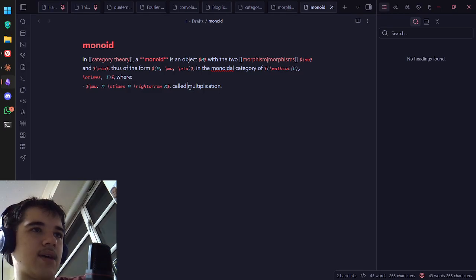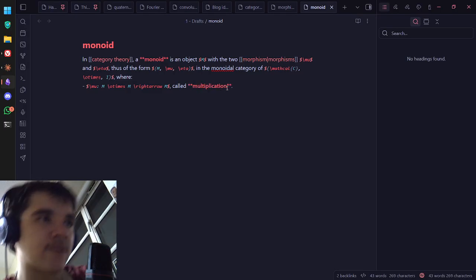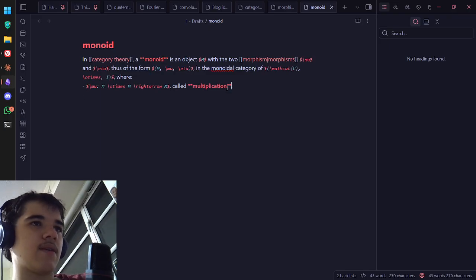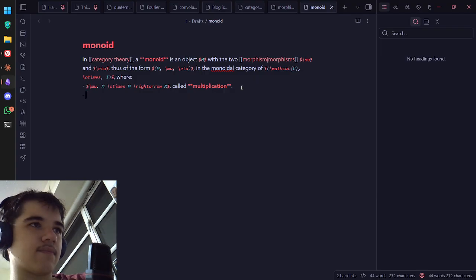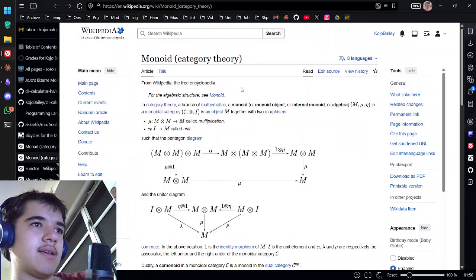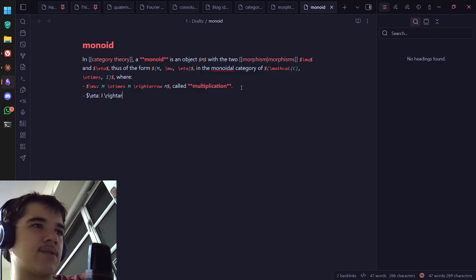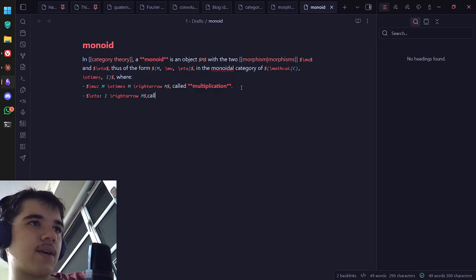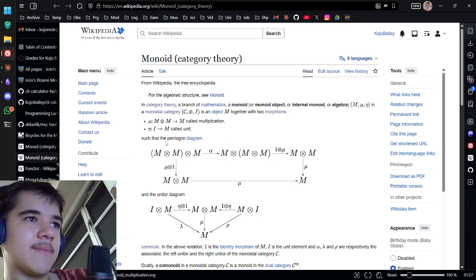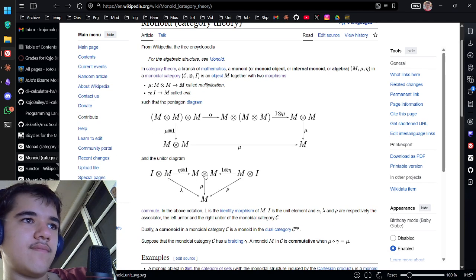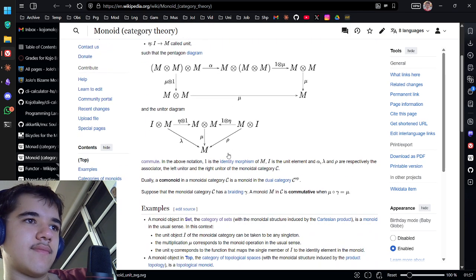Interesting. This is not given an article for some reason. Eta is defined as I to M, called unit. So can we see I in action here? Eta. So eta commute.